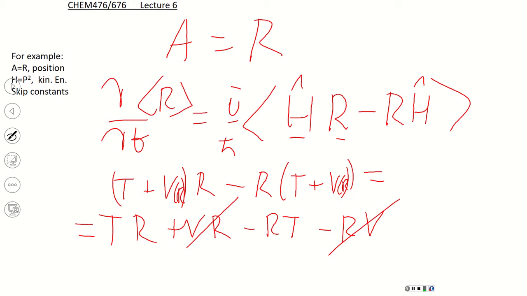And we have only two terms, kinetic energy and position. So the kinetic energy is p squared over 2m, r minus r p squared over 2m.